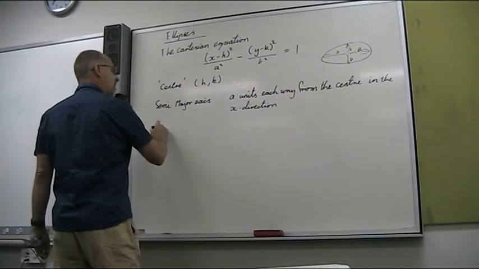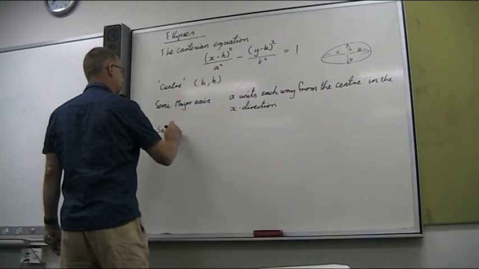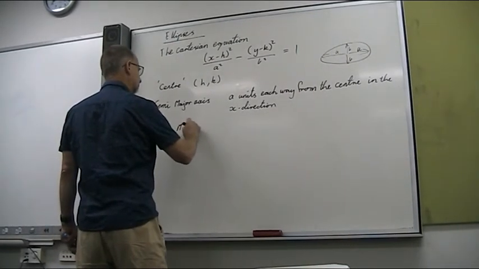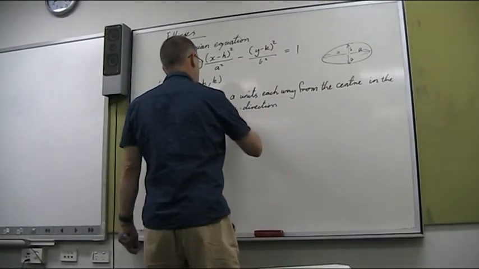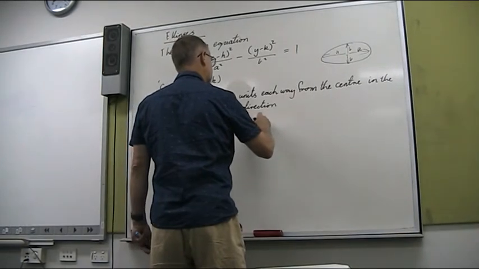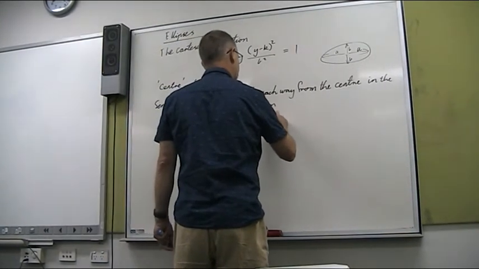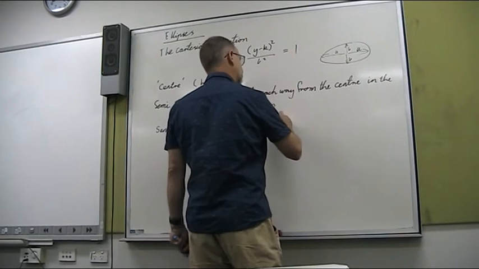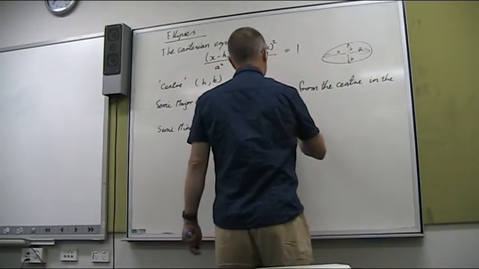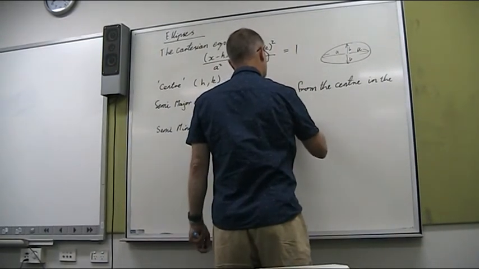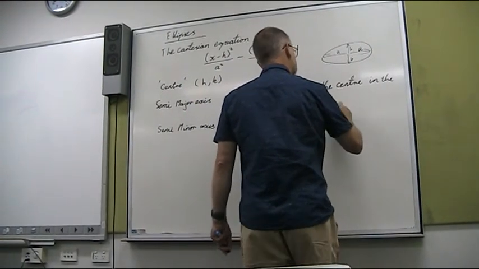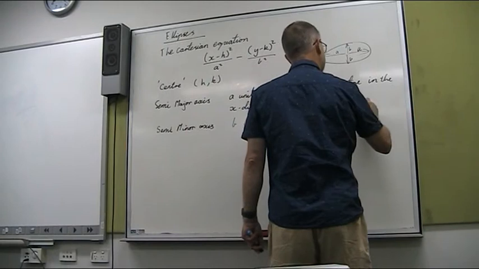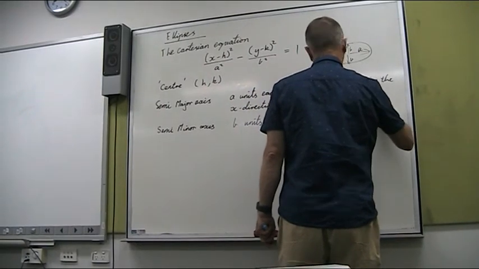And our semi-minor axis, we go b units each way, in the y direction.